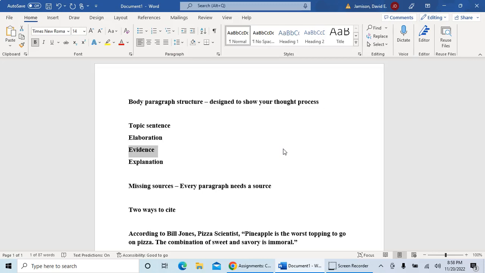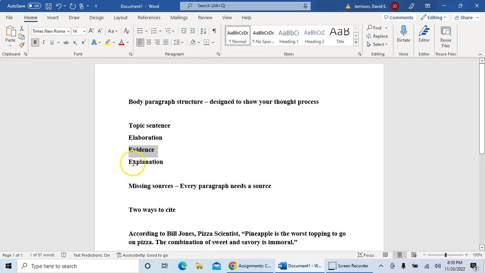Some of you tried to write this like a more academic article where you cram a whole bunch of facts from a whole bunch of places into each one of your paragraphs. That's fine. And we'll talk about how you can cite those and source them later. But you need at least one piece of evidence for every one of these.